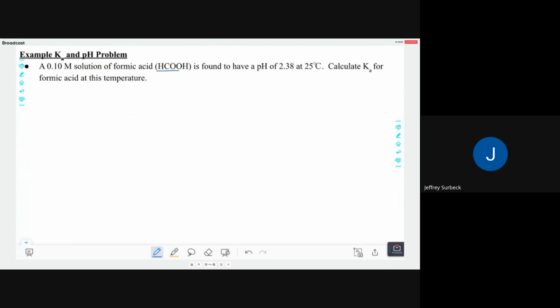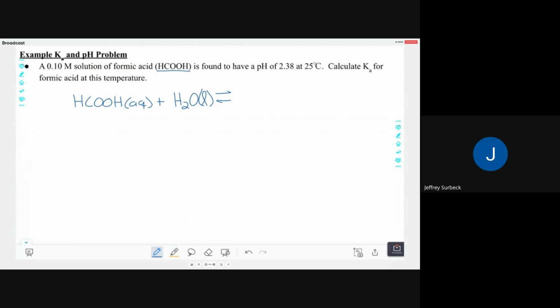We start out with formic acid, HCOOH, and it is aqueous. Because it's aqueous, it is combined with water, so we say plus H2O as a liquid. It's weak, so we're at equilibrium, with a forward and reverse arrow.